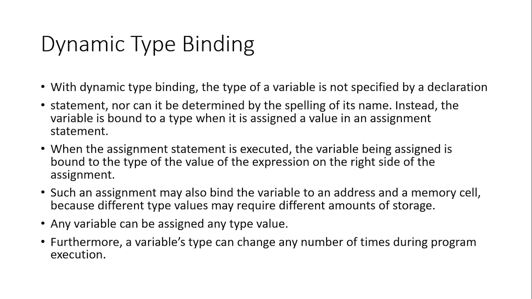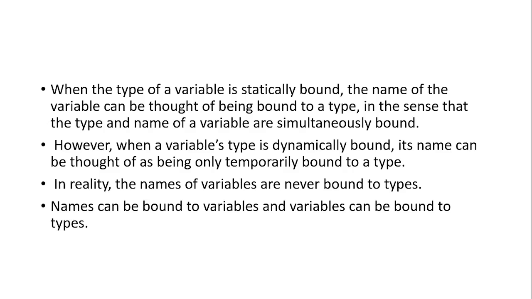Any variable can be assigned any type value. Furthermore, a variable's type can change any number of times during program execution. It is important to realize that the type of a variable whose type is dynamically bound may be temporary.